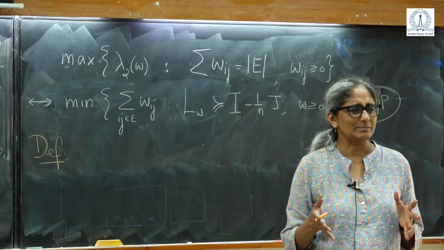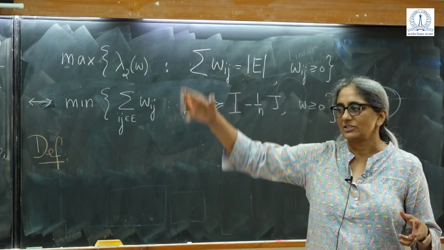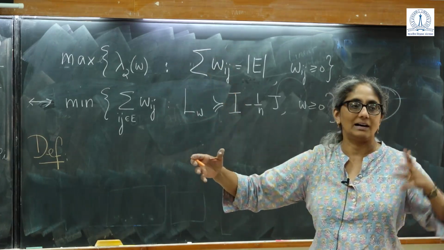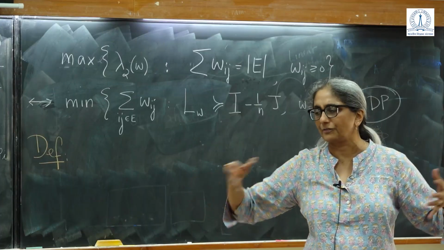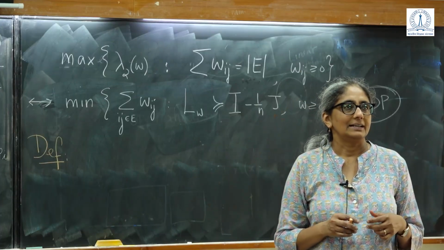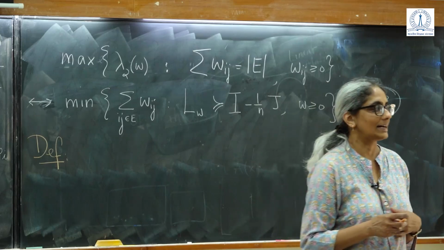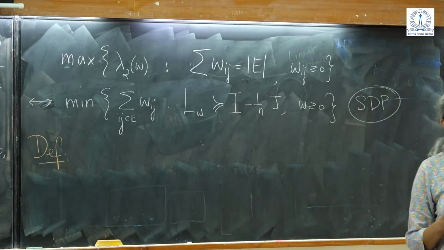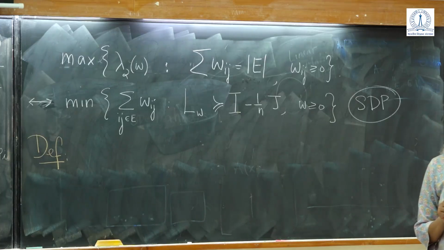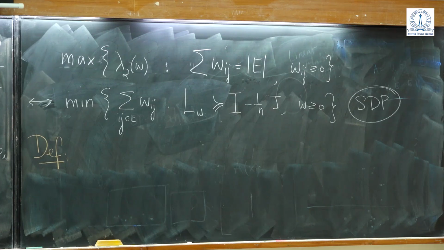Do you agree? It shouldn't be true that if you change weights over here somehow and don't change the weights over here, or if you do some random thing, it's going to increase lambda 2. So what we might expect is that if your graph has some special structure, then the unweighted graph is already the best. Okay? So I want to turn this into a question.